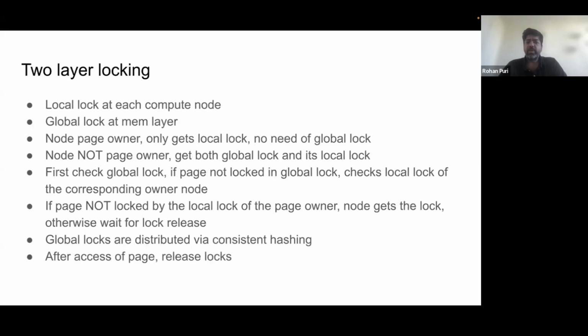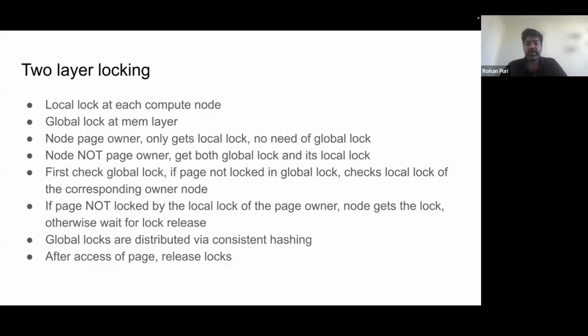So we'll briefly talk about two-layer locking. You have a local lock at each compute node. You have a global lock at the memory layer. Now the page owner has to get the local lock. You don't need the global lock if you are the page owner. But if you're not the page owner, you need to get both the global lock and the local lock.